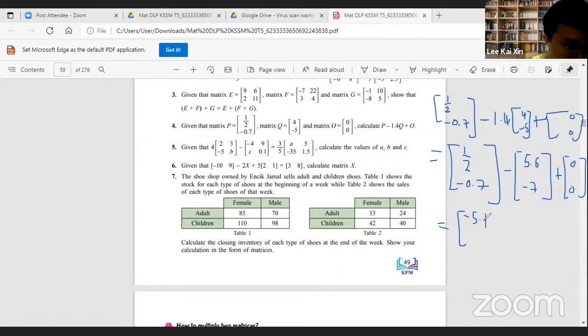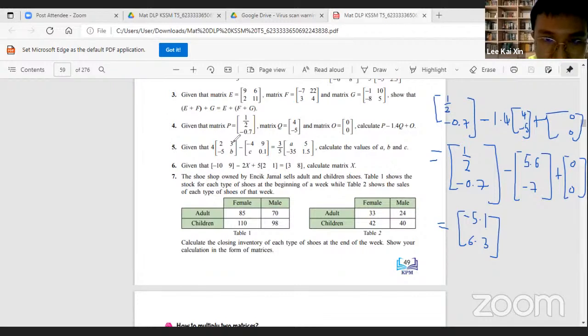And then the down part, you will get 6.3. Okay, so question 4 done. So how about question 5?